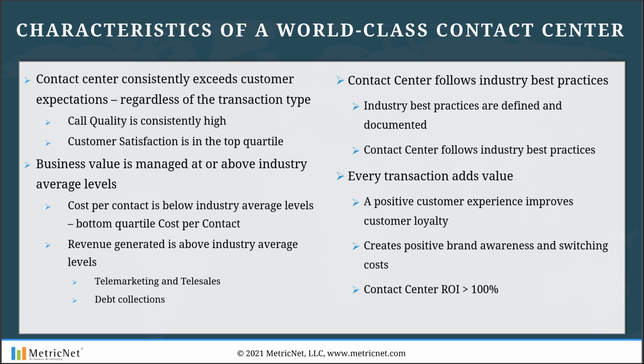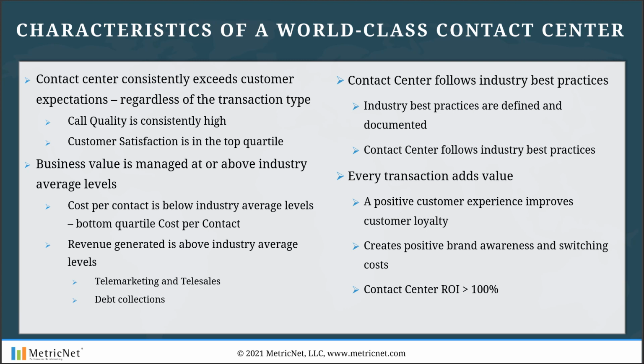And what that means specifically is that we look for cost per contact in the bottom quartile of the industry, meaning bottom 1/4. And if you're a revenue generating contact center like telemarketing, telesales, or debt collections, we like to see that revenue generated in the top quartile of the industry.